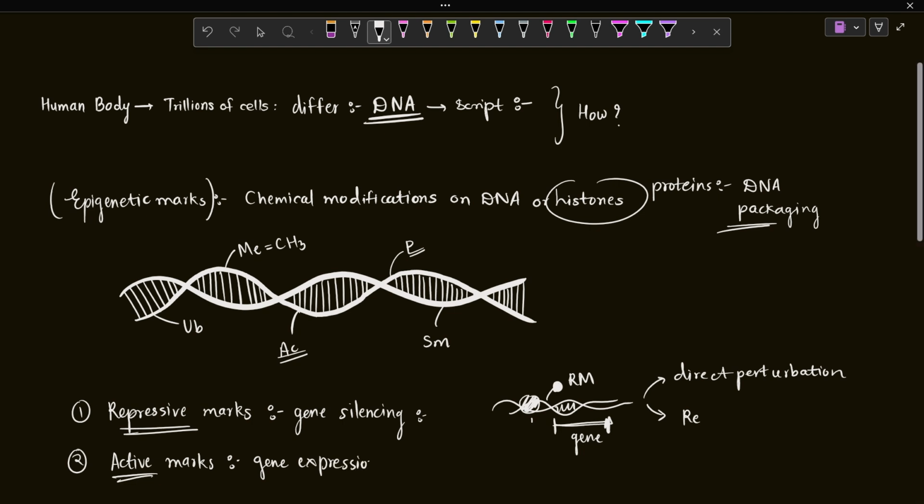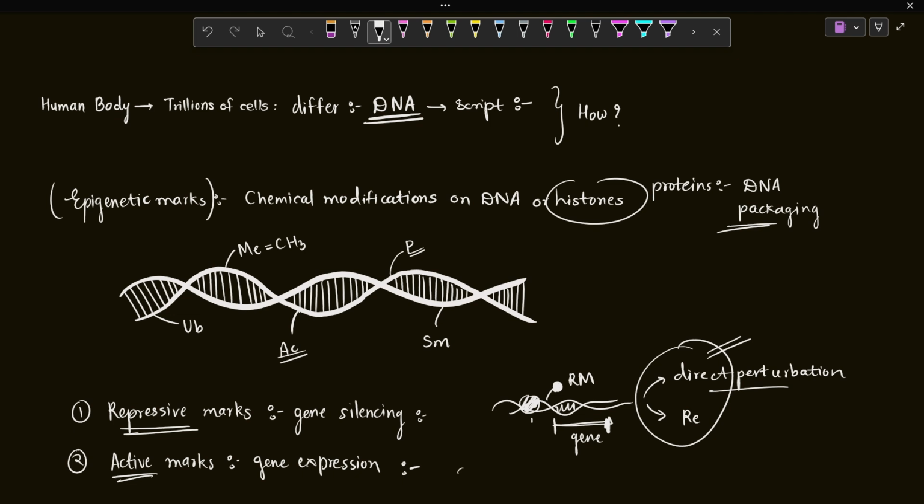So if there's an epigenetic mark before the gene, it states that this gene should be activated. Again, it could be by direct perturbation of chromatin structure, or by recruiting the chromatin remodelers. I'll explain how this happens in later videos. But just for now, take into account that epigenetic marks are of two types: repressive marks and active marks.